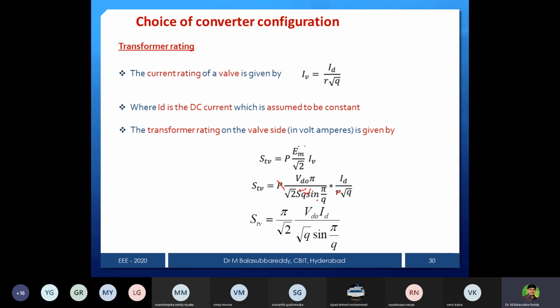P is equal to QRS, and root Q will remain. VD naught into pi will remain, and ID divided by the denominator factor. So this is our transformer rating.